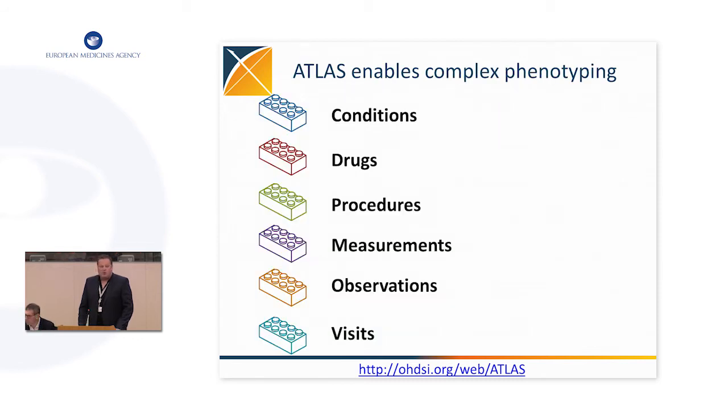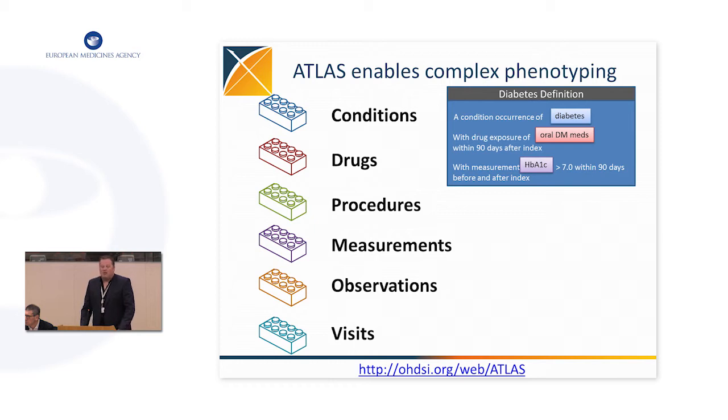What Atlas also supports is complex phenotyping. As others have mentioned already today, it's not as simple as just using one code for a disease. We always talk about an algorithm for a disease that is built up of different components. So those can be conditions, drugs, procedures, measurements, etc. A diabetes definition, for example, could have a condition component, but also a drug component and a measurement component.